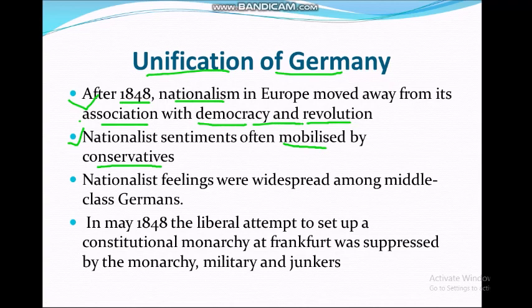They wanted to strengthen state power and achieve political domination over Europe. They realized that if they did not adopt it, it was not possible to rule or to make dominance in Europe without showing nationalist sentiment. That is why nationalist sentiment was often mobilized by the conservatives.